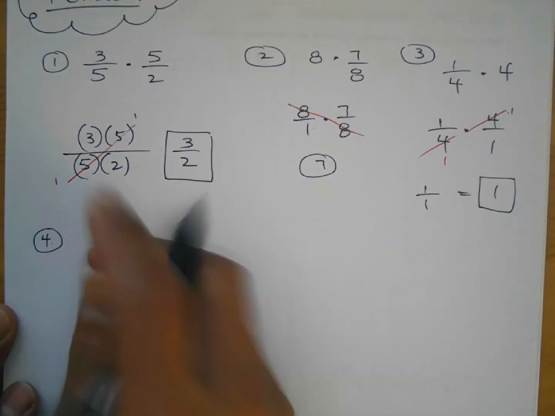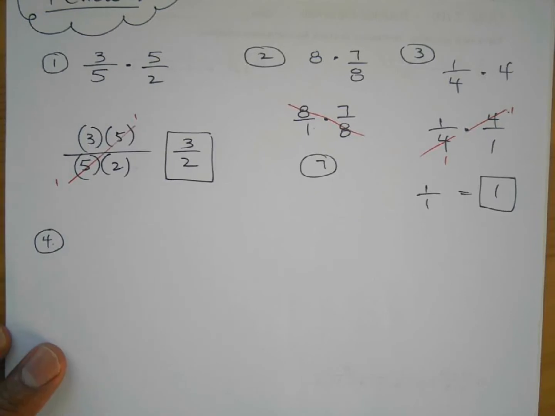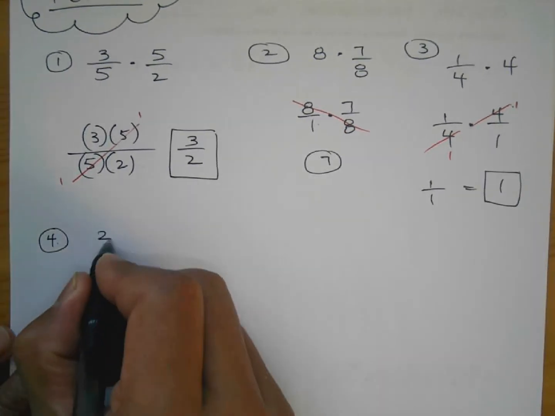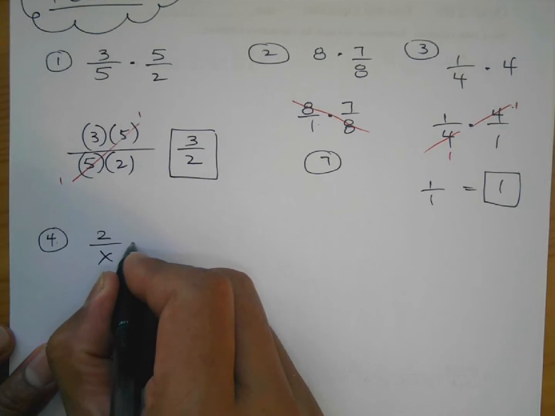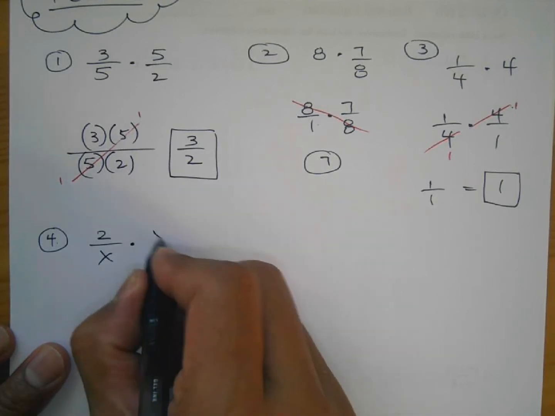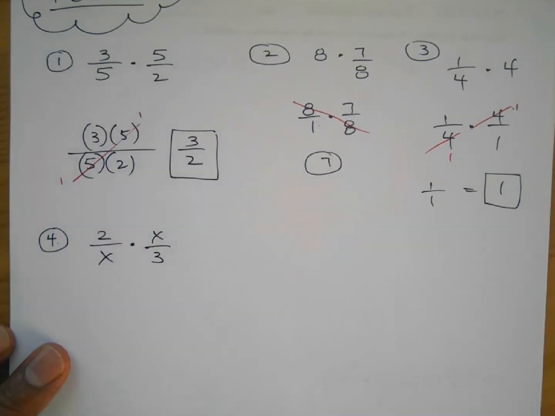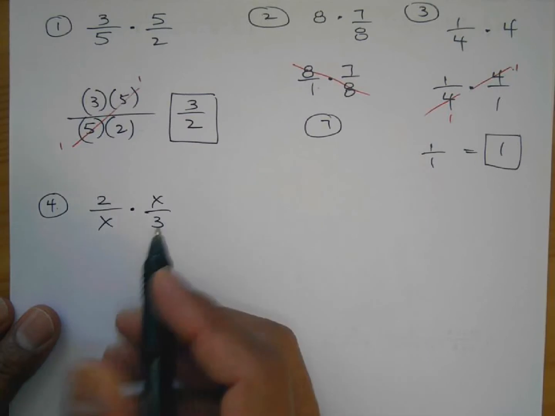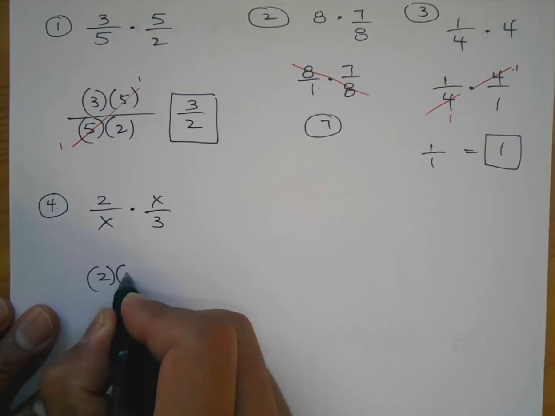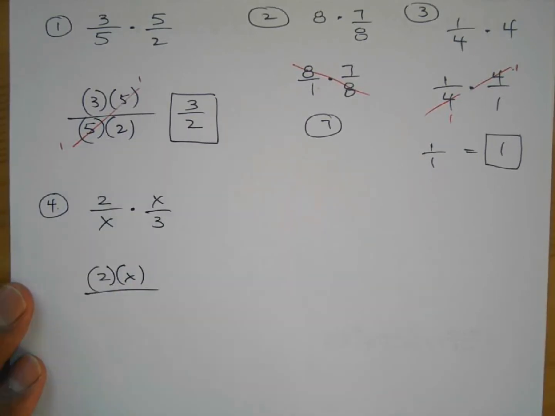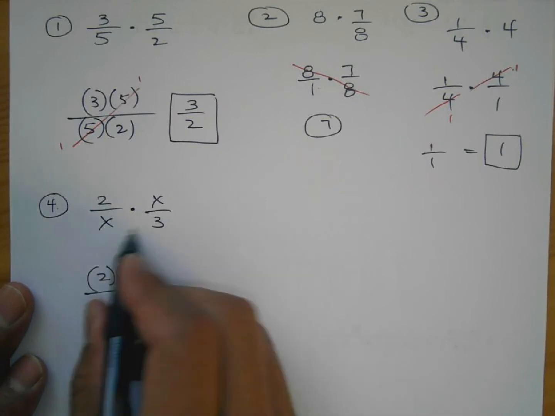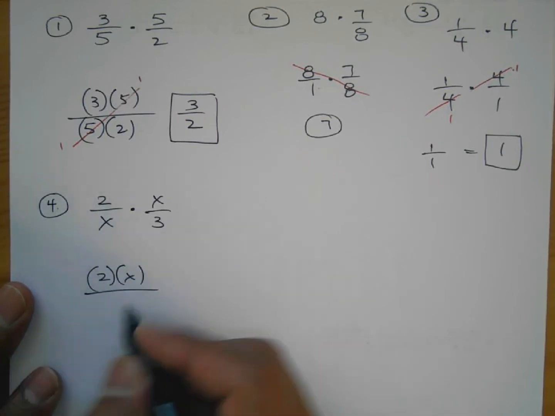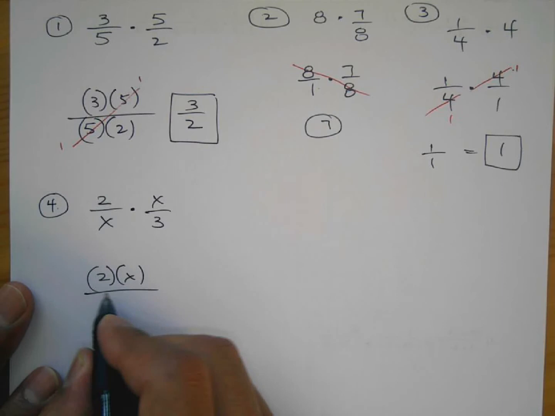Okay, and now let's take it away from numbers. What do you have? 2 over x times x over 3. Isn't it the same scenario? Yes, there's numbers here, but what's happening here? On the top, in the numerator, 2 times x. On the bottom, x times 3 or 3 times x. However you want to write it is fine.